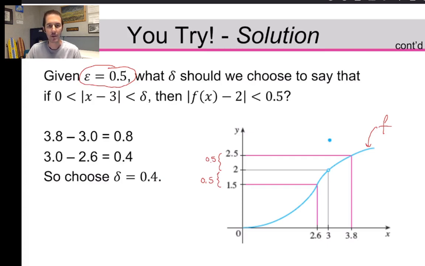And the task that we're trying to accomplish here is, if we have this sort of target y value of positive 2 in this case, and we want to plug in x values into our function that give us y values that remain in the neighborhood of positive 2, let's say within plus or minus 0.5 of positive 2, then what x values would we be allowed to plug in in order to make sure that the resulting y values stay within plus or minus 0.5 of the number 2?